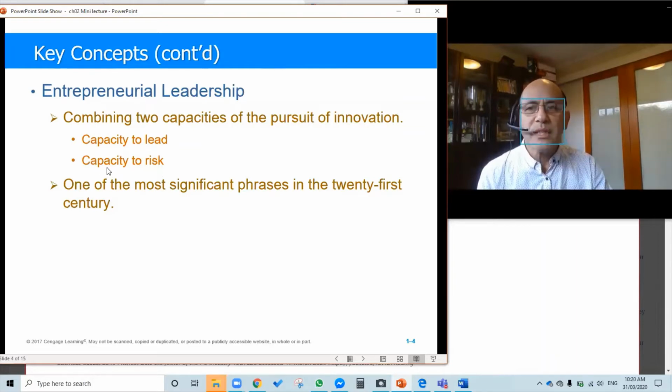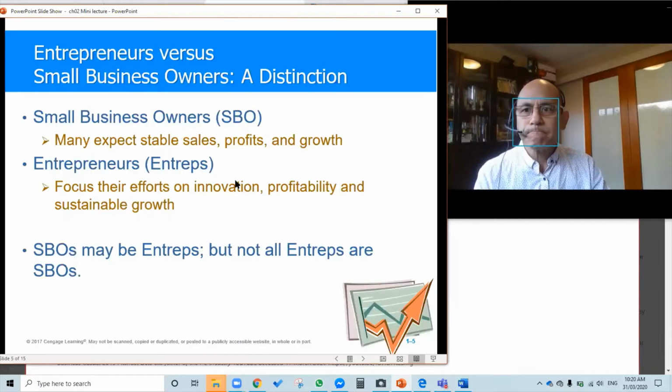And this is a really important part of being an entrepreneur. Really, entrepreneurial leadership is something that's like a buzzword in the 21st century. A lot of businesses use this, a lot of business environments are going into what we call entrepreneurial leadership.